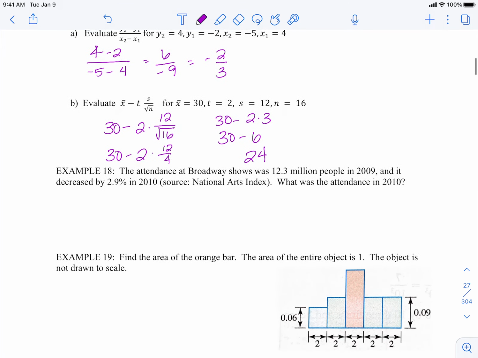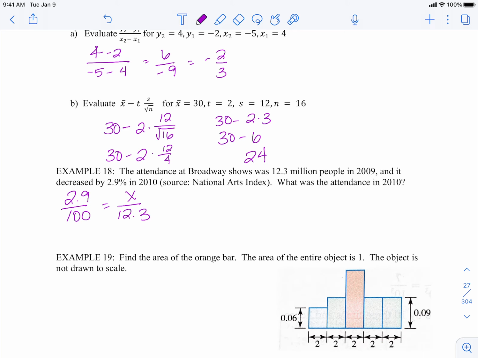The attendance at Broadway shows was 12.3 million people in 2009, and it decreased by 2.9% in 2010. What was the attendance in 2010? So I have 2.9%, so that's out of 100, equals x divided by 12.3.